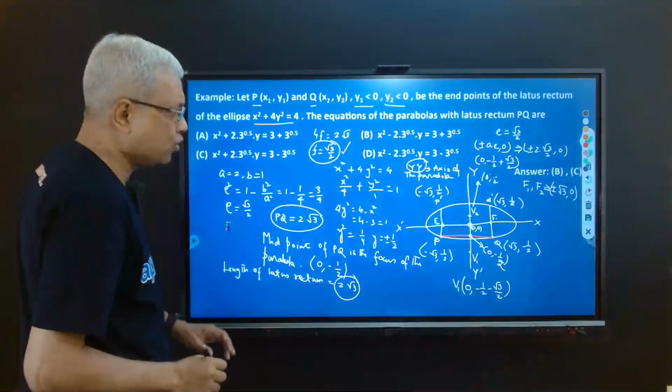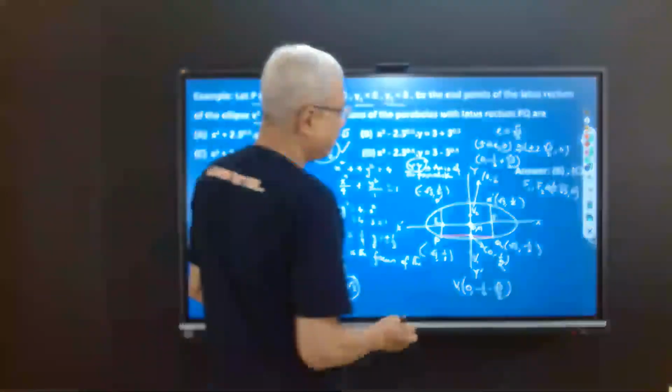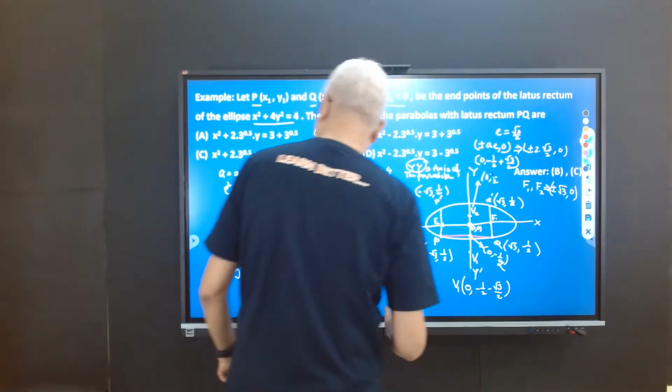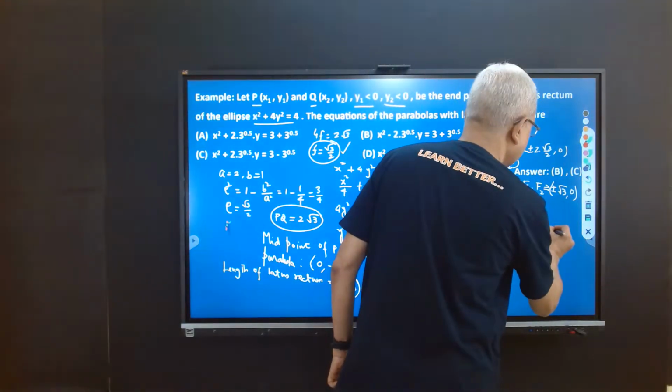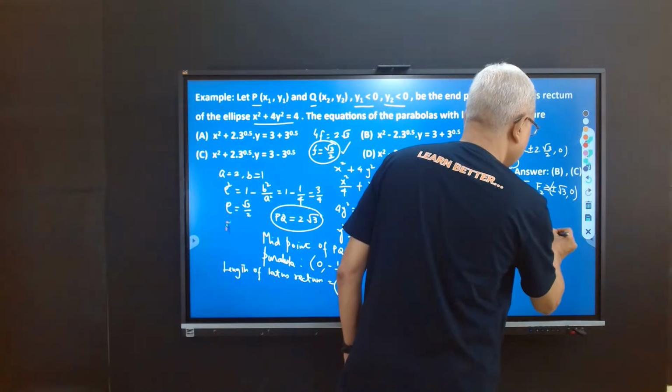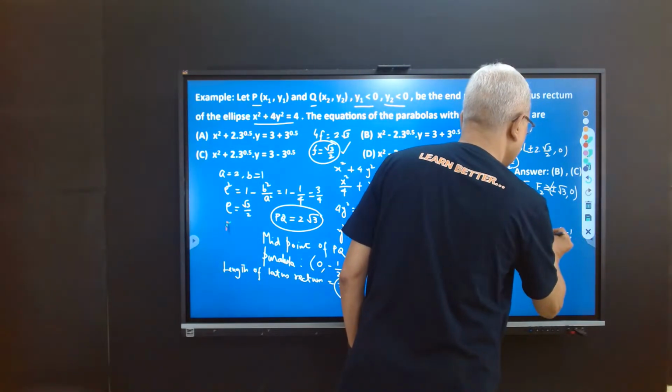Okay, so we have to find the equation of the parabola whose vertex is at 0, root 3 minus 1 by 2.